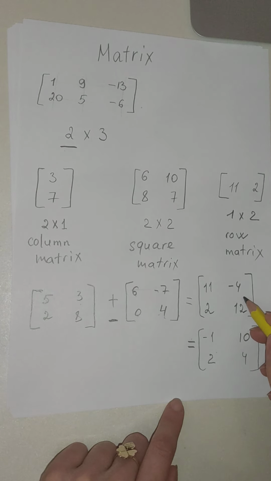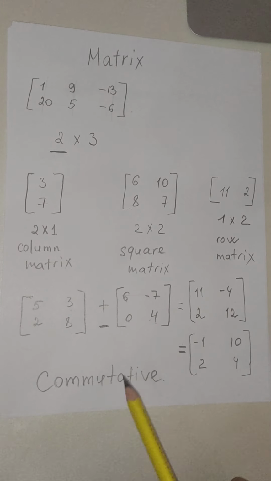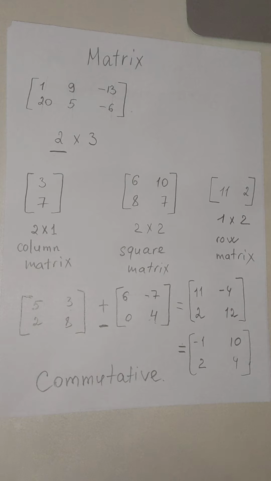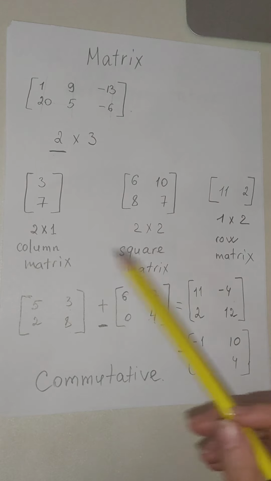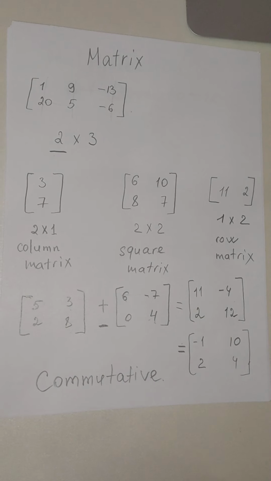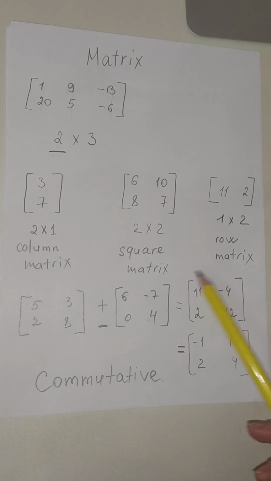And this is addition, and this is subtraction of 2 matrices. The addition and subtraction of 2 matrices is commutative. As you see, we can reorder the matrices and the result will be the same.